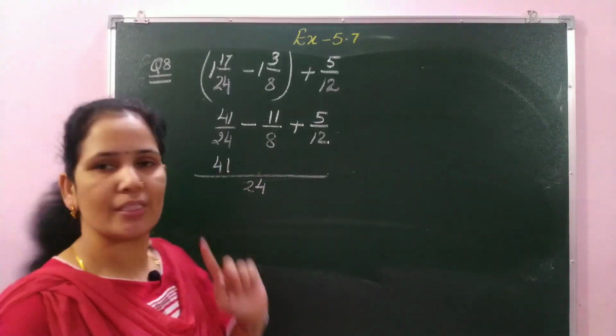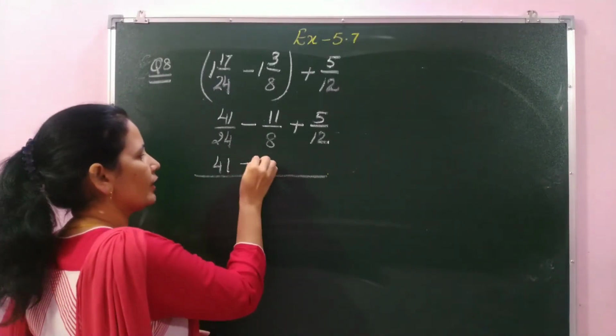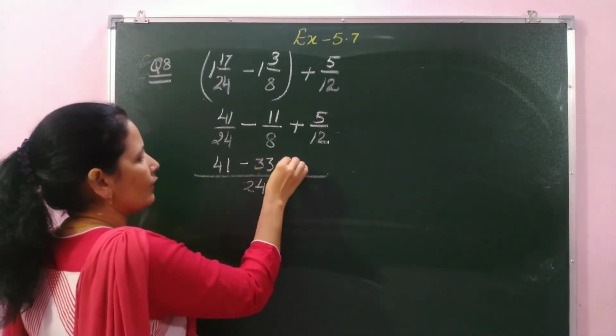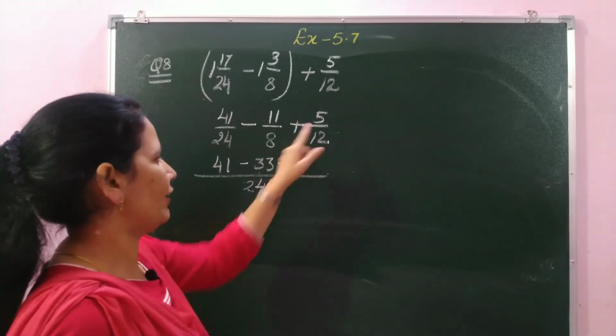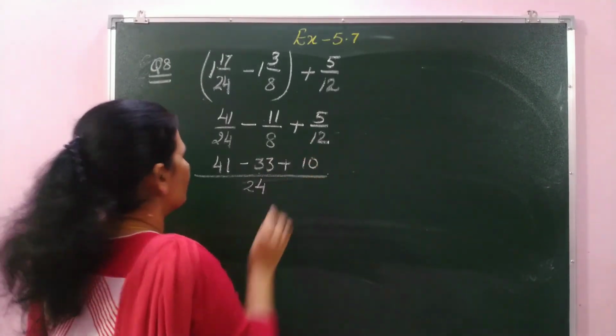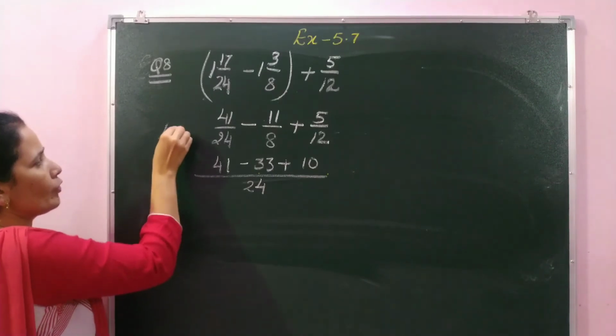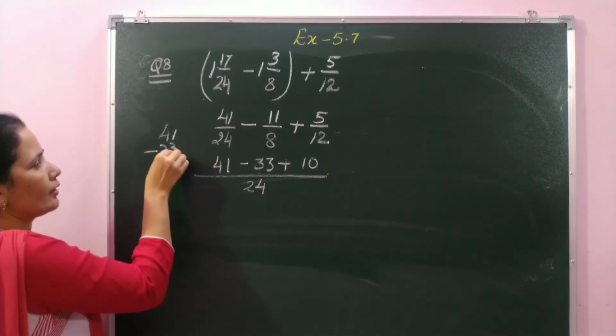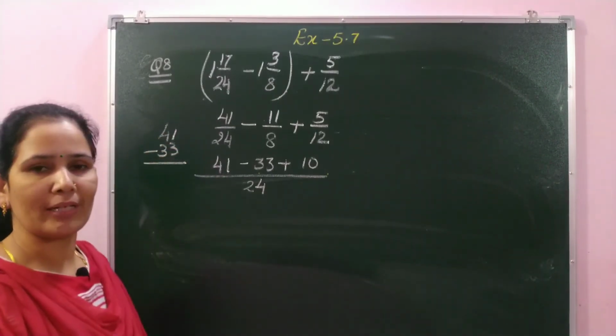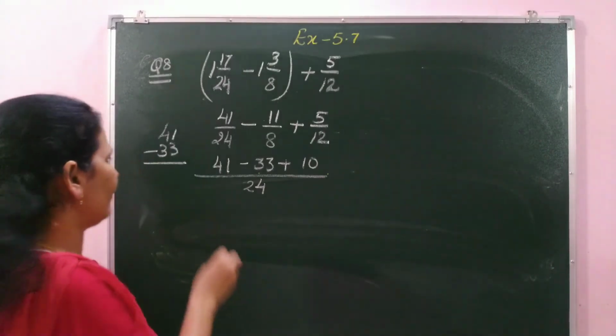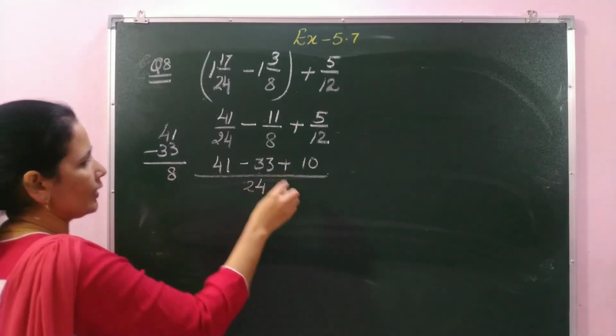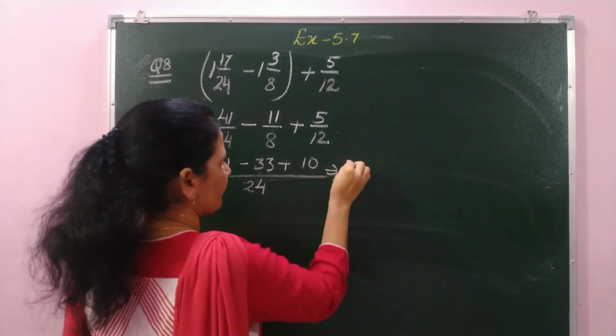Then after, 8 3s are 24, 11 3s are 33. Then after, 12 2s are 24 and 5 2s are 10. So students, observe this one. 41 minus 33. We get from here 8 and 8 plus 10, 18.